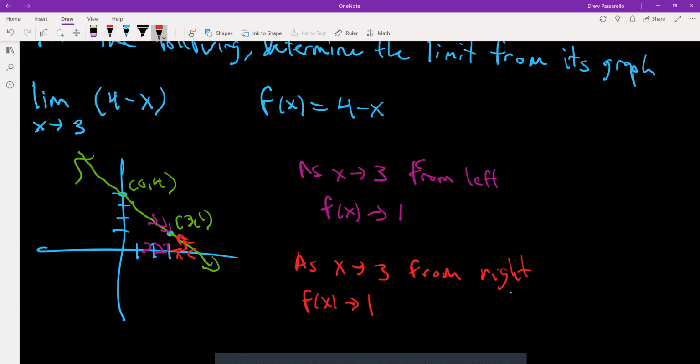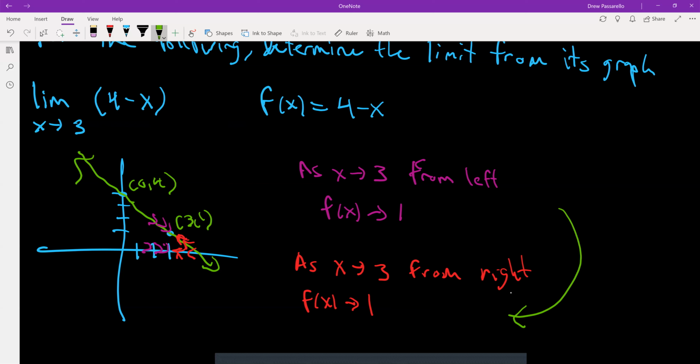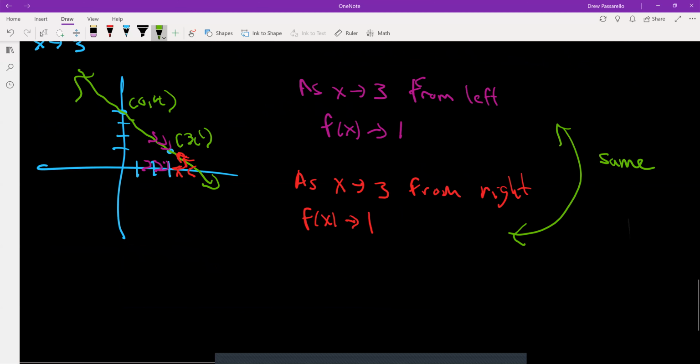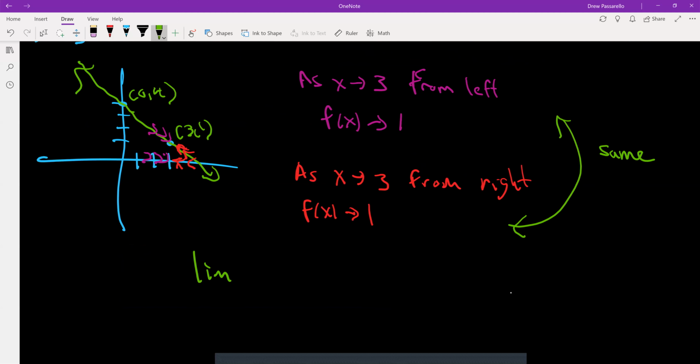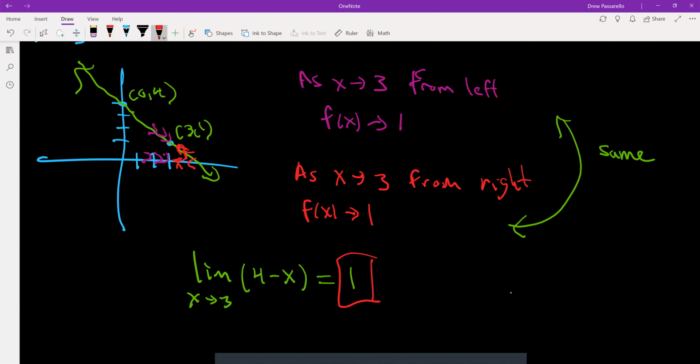All right, so since they're the same, then the limit is going to be 1. So let me move on.